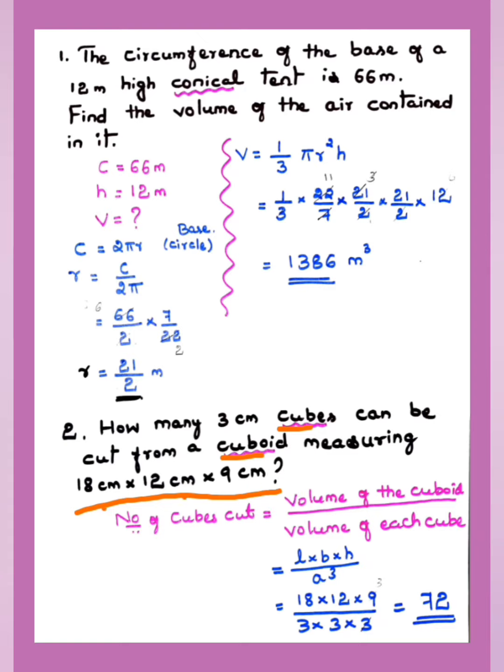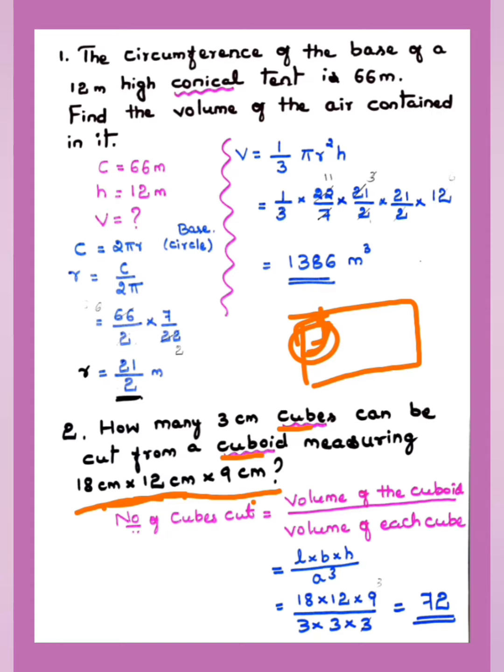So length into breadth into height, we can take that. They have asked how many cubes can be cut from the cuboid measuring this much of dimensions. So number of cubes cut from here. We know cube value is also given for 3 centimeter.